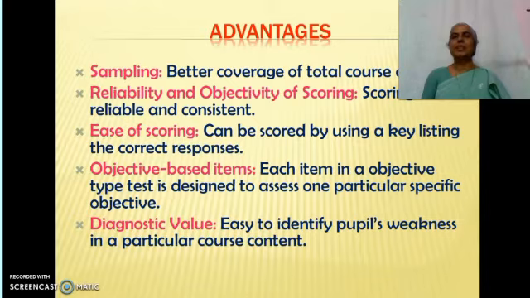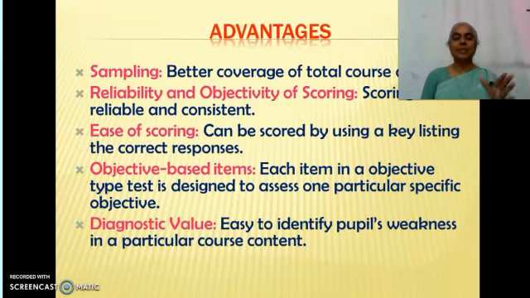And reliability and objectivity of scoring. The teachers, whoever corrects the paper, have to give yes or no, whether the answer is right or not. So, there is no way the correction can be wrong.